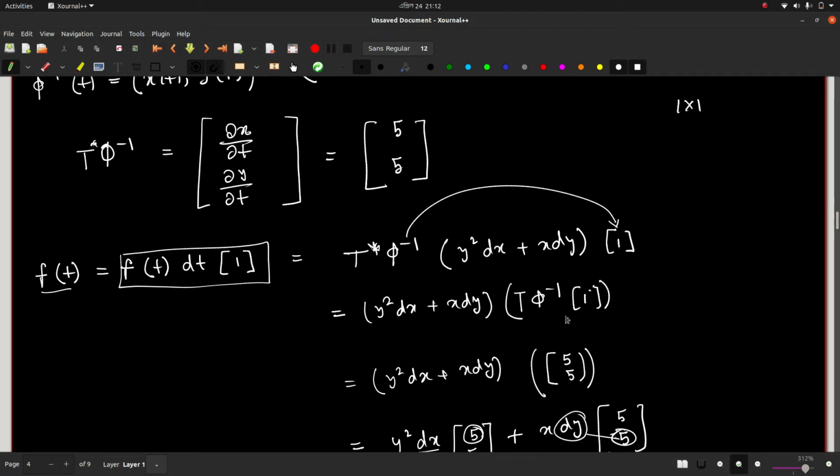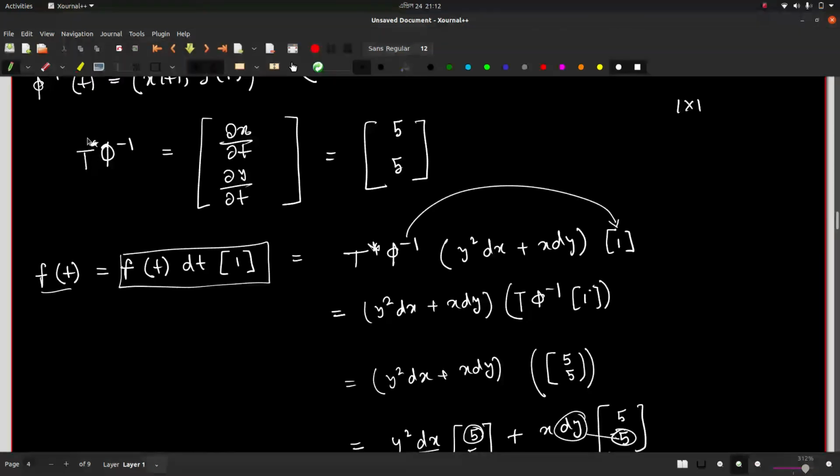Now you might ask, okay, I get everything, but what are we doing over here? Why is this 1 over here, and why is this d phi inverse 1 giving me a 5 5, or a column matrix? So let's try to justify this in the following way. We already computed that this d phi inverse 1 thing is just a 5 by 5. And by doing this, we have induced the tangent and cotangent mapping.